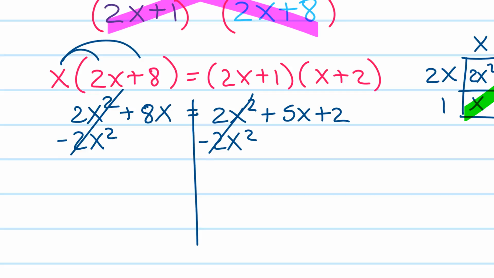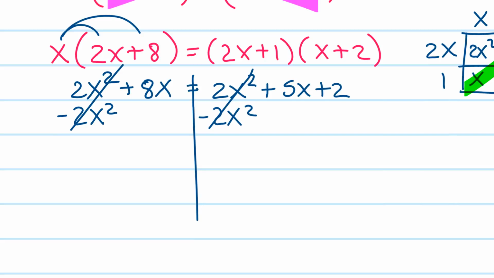No. So do you have to factor? No, thank heaven. Remember factoring? You're going to have to know how to do it in Algebra 2, though. That's all you do in Algebra 2 is factor. Right. So now I pull down my 8x and my 5x plus 2.